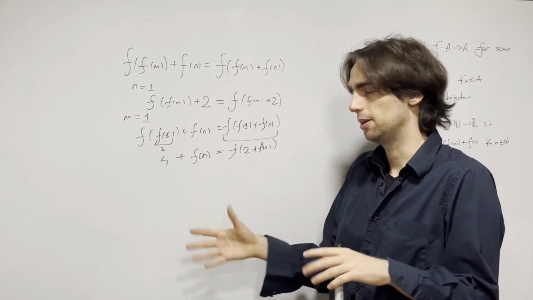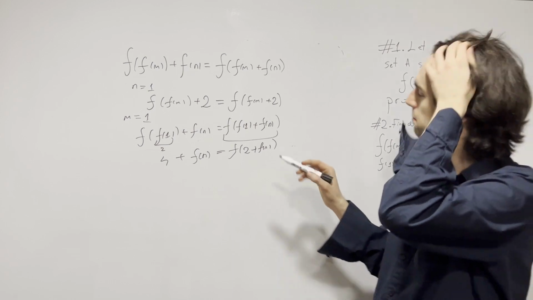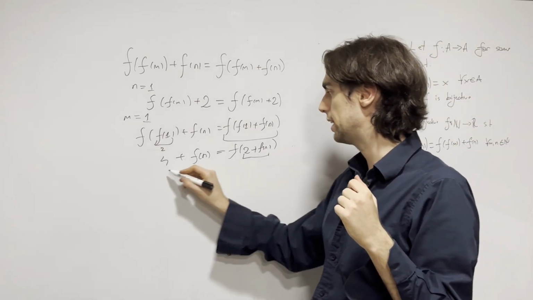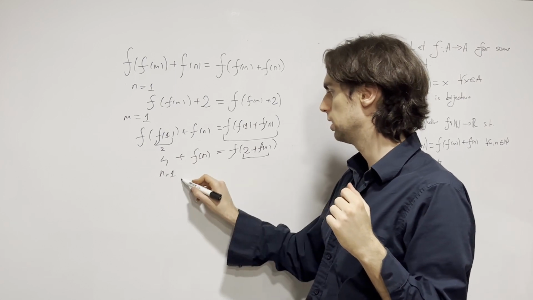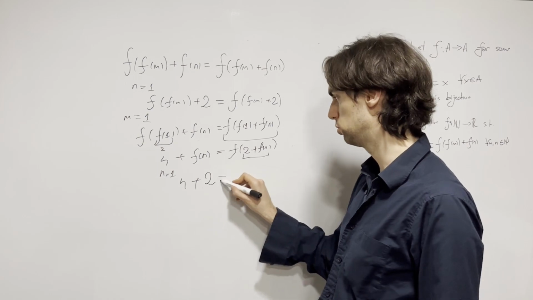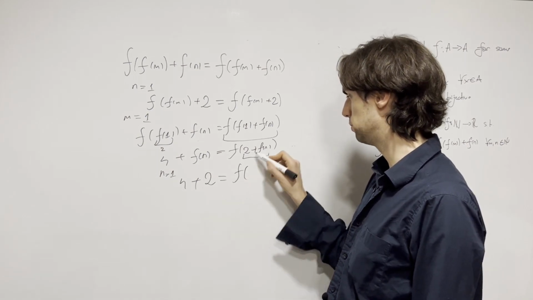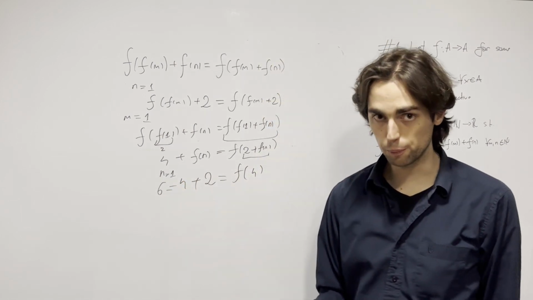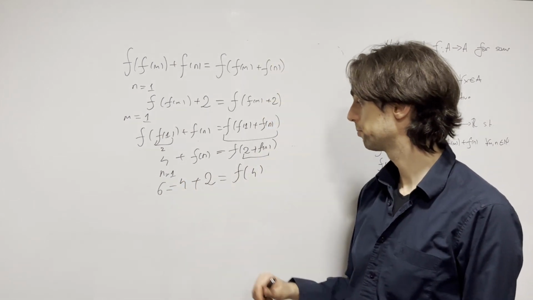Here's the next idea. Now from this, if I plug in, say, n equals 1, I'll get 4 plus f of 1, which is 2, is equal to f of 2 plus 2, which is 4. Now I have f of 4 is equal to 6.